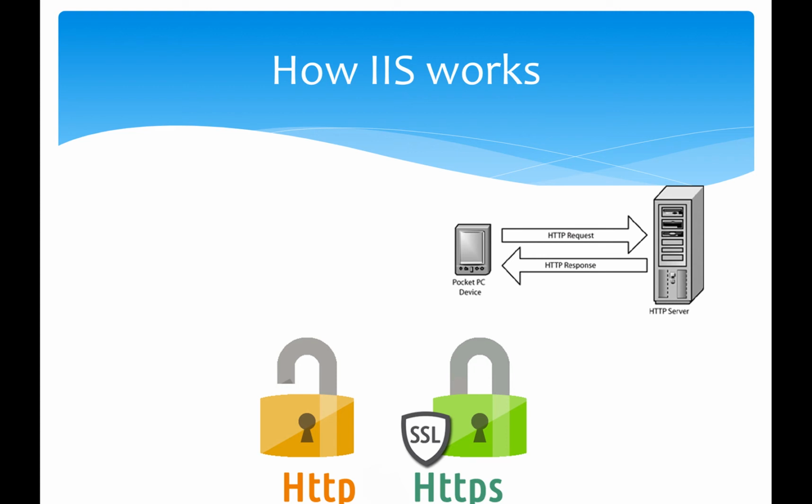How does IIS work? IIS works through a variety of standard languages and protocols, such as HTML, HTTP, and FTP. HTML means hypertext markup language. It is used to create elements such as text, buttons, images, and hyperlinks.